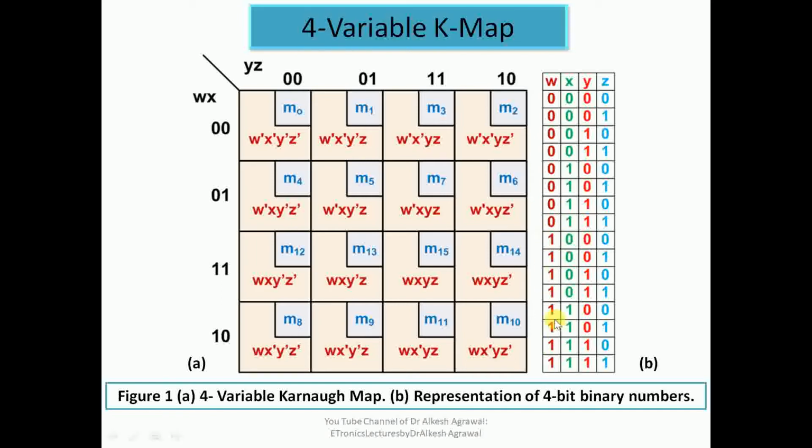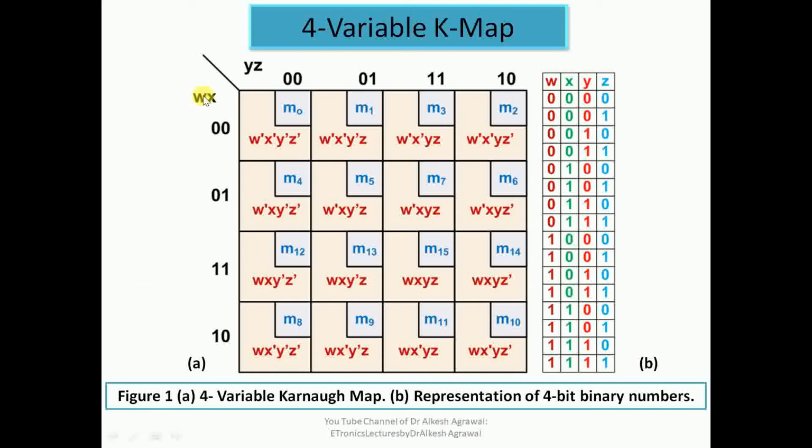So its frequency is just half of x. The frequency of y is z by 2, the frequency of x is y by 2, and the frequency of w is x by 2. Now these values are depicted in the four variable K map.